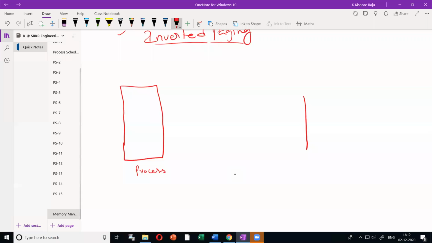This is the process, this is main memory, and the CPU. In paging, first I have to divide the process into pages with some page size.